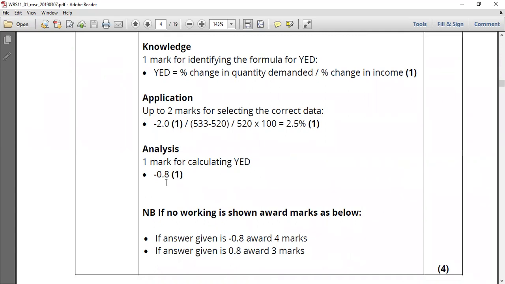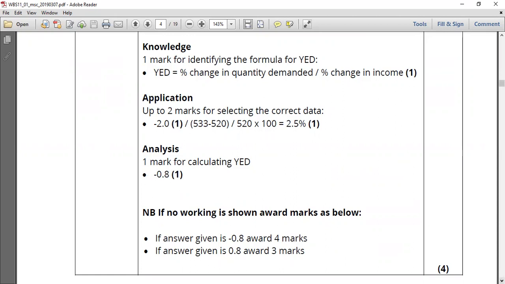So YED is a negative value, which indicates that when income increased by 2.5%, demand decreased by 2%. Interpreting this, a negative YED means it's an inferior product. We are not asked to interpret that, just to calculate.